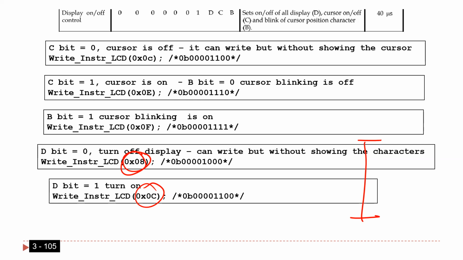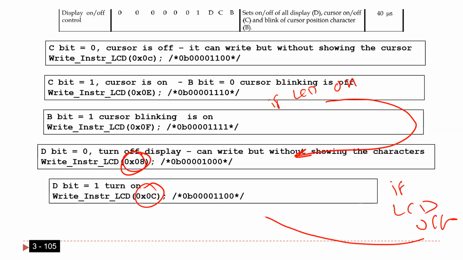Is that okay? But there's a problem here. What is the problem here? The problem is, I told you, if LCD is on, so I have to execute this command to make it off. If LCD is off, so I have to call this command to make it on.